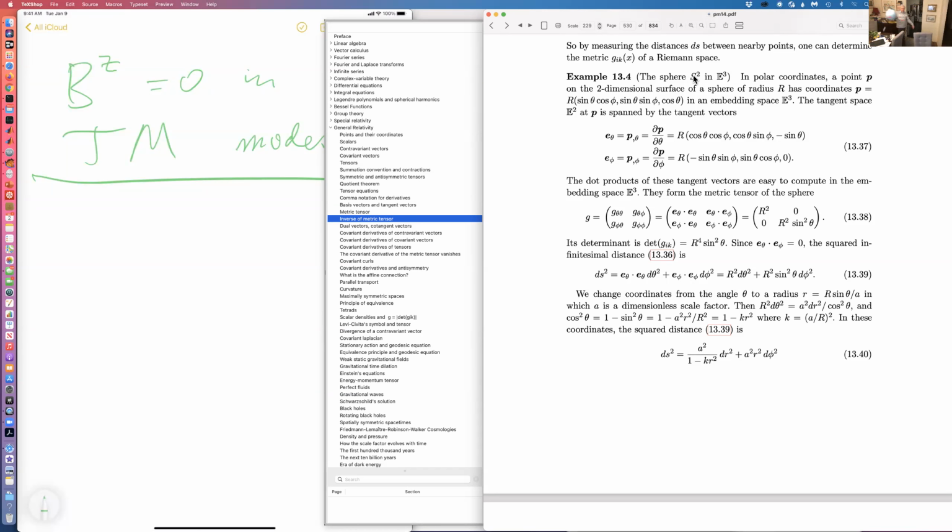And just to make things perfectly clear for a moment, there's our sphere S2. So theta equals 0 is up here. Theta equals pi over 2 is there. Theta equals pi is down there. Phi goes around this way.